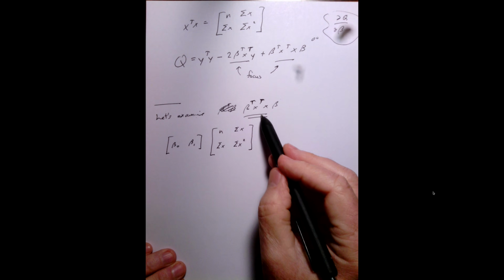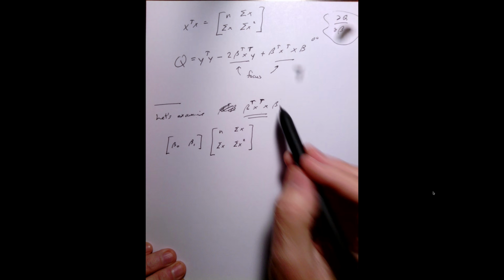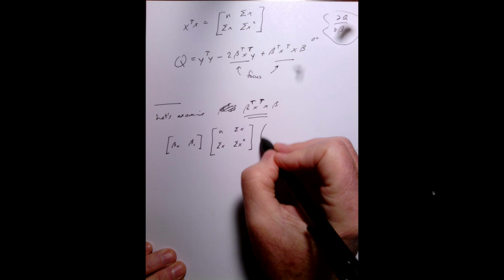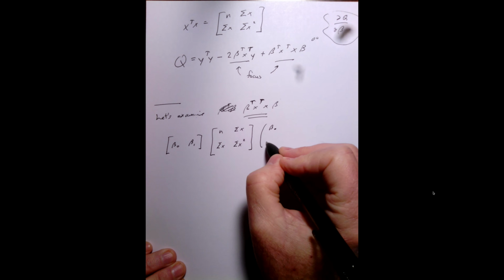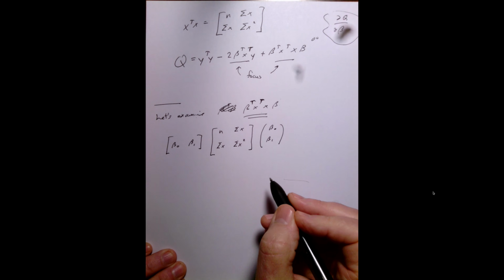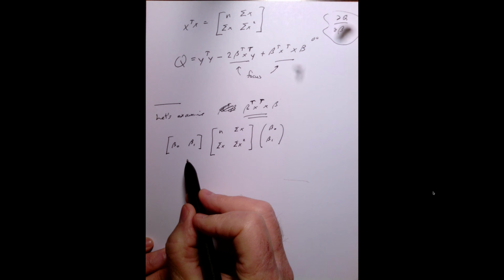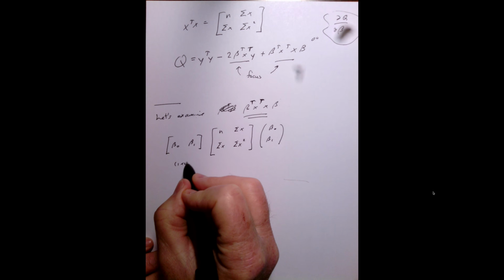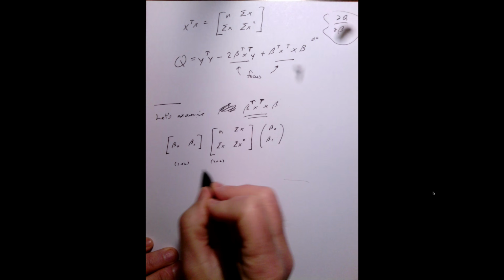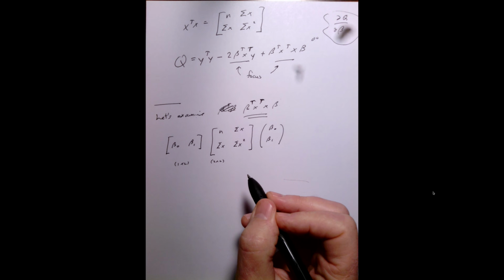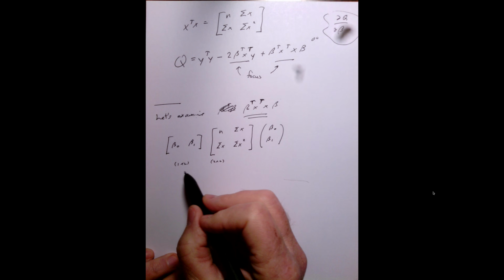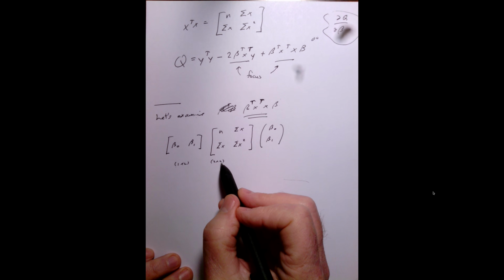And then we have a beta, which is just this term. Now, if I look at the first two matrices, here I have a 1 by 2 and a 2 by 2. So the product exists, and the resulting product is going to be a 1 by 2 matrix.